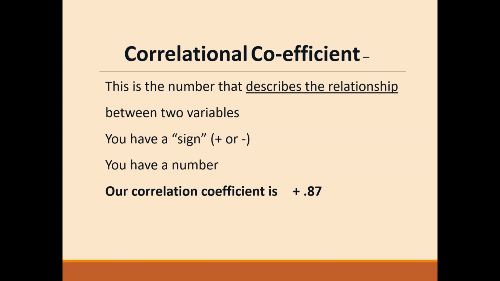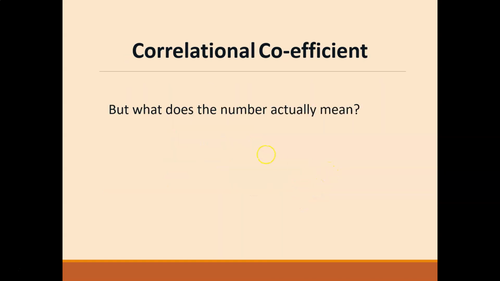Two different things used for two different parts of the story. And remember, we're talking about the variables. Those two variables, like the dark clouds and rain, hours of study, and grade. And so when we're looking at these, they're definitely part of the story, but one part tells the sign and one part is the number. Okay, so let's talk about what the number actually means, that correlational coefficient.